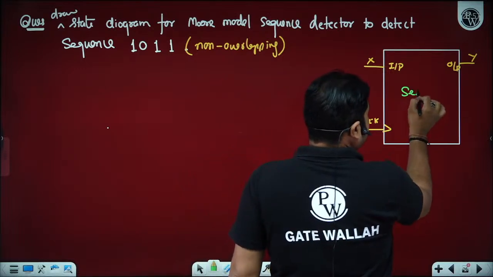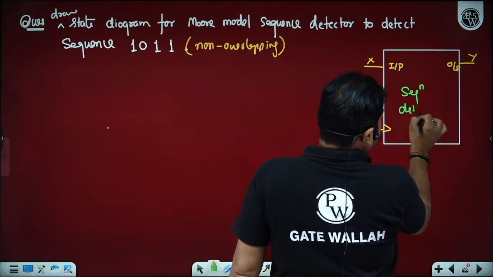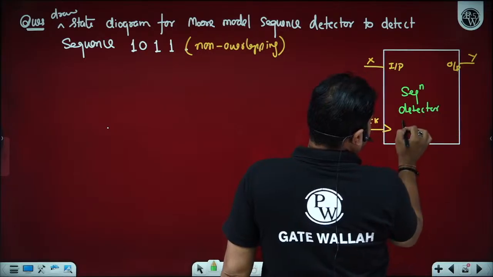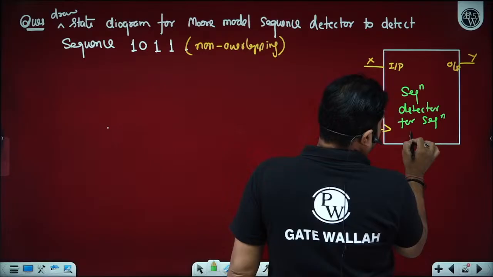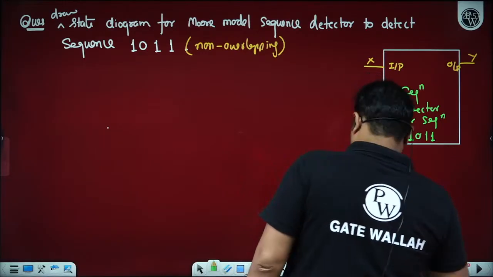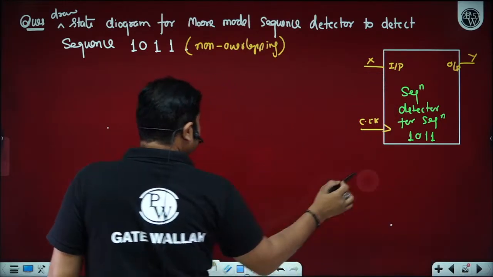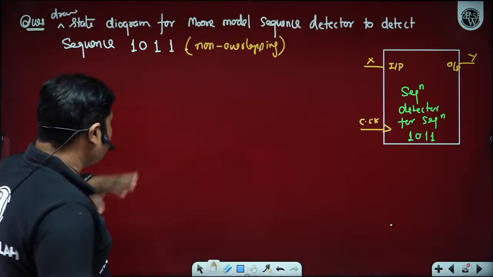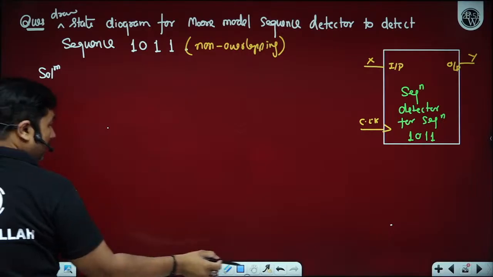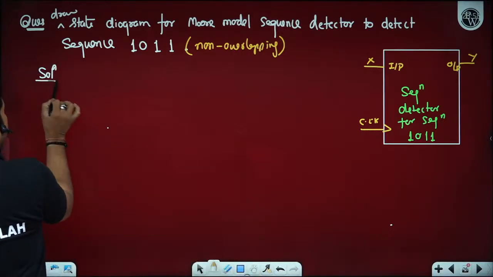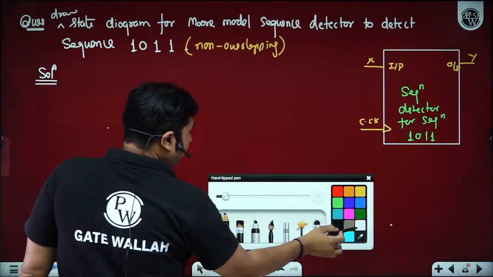So we want to design a sequence detector for the sequence 1011. Okay. Yes, sir. First of all, we have to choose the Moore model. So in a Moore model, can you tell me how many states are required?